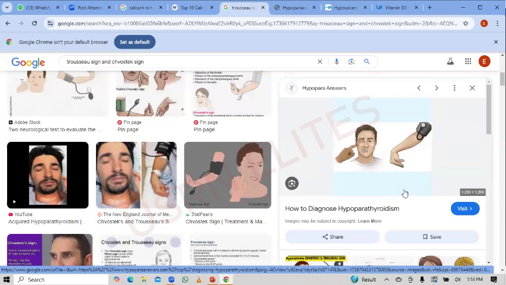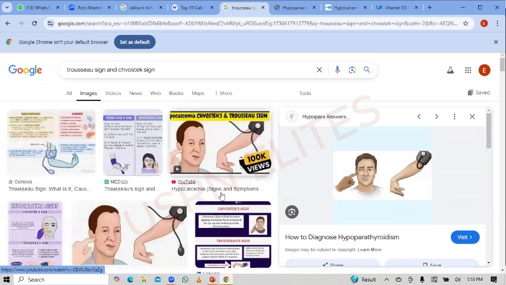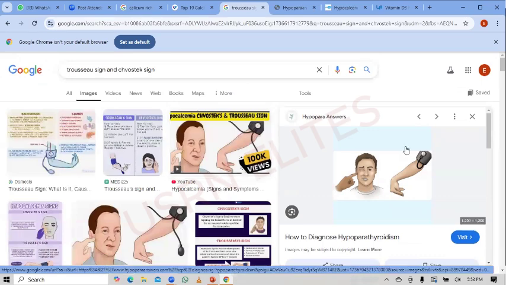You realize that the palm is kind of spasming, being turned inward. So that's the Trousseau. How long should you apply the cuff for you to see? I've forgotten. Someone should help us. How many minutes? I think it's 3 minutes. Yes, 3 minutes.